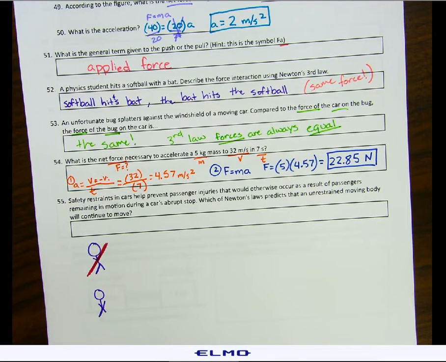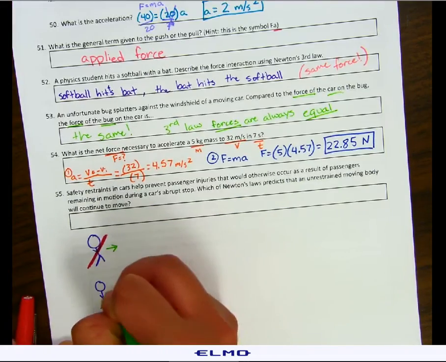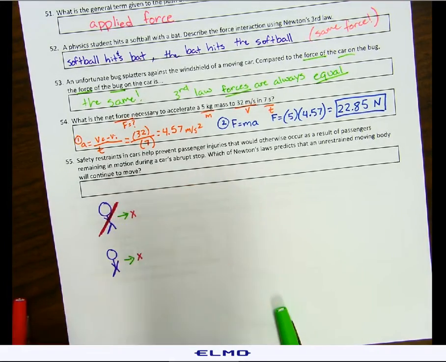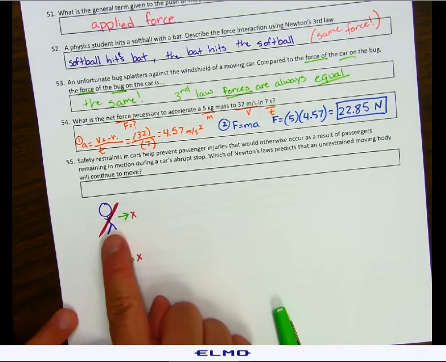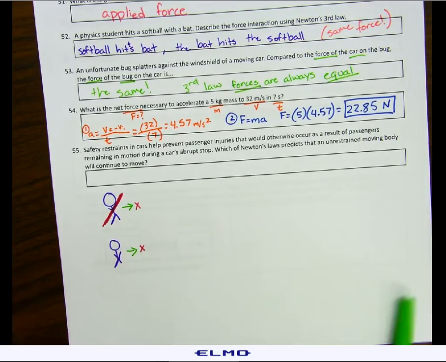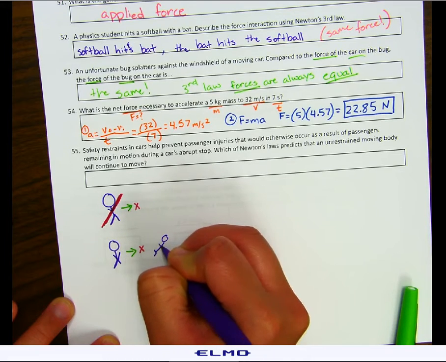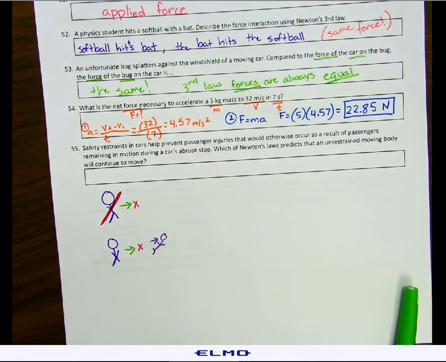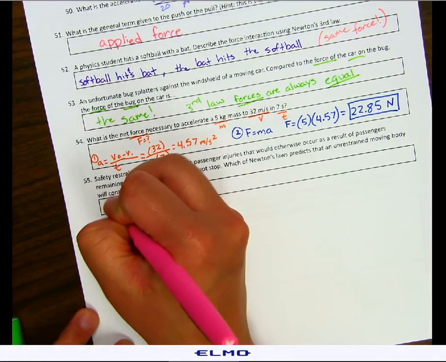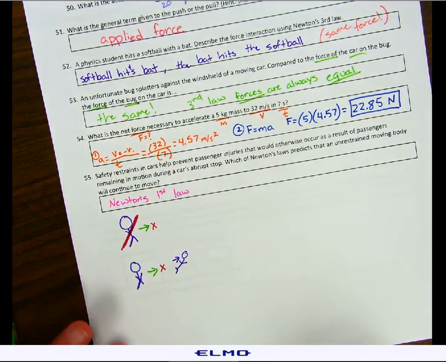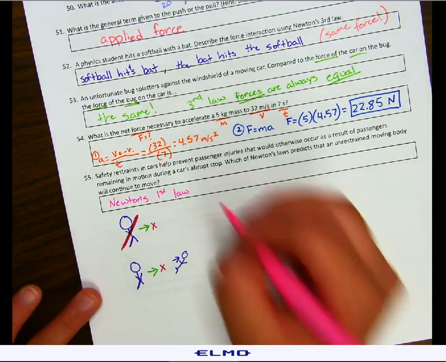So if they're moving and suddenly out of nowhere they stop, well, the seatbelt stops the person from moving, but the person who's not having a seatbelt still wants to go forward, so he'll fly out the window because he's still moving. And that deals with Newton's first law. Because an object in motion wants to stay in motion.